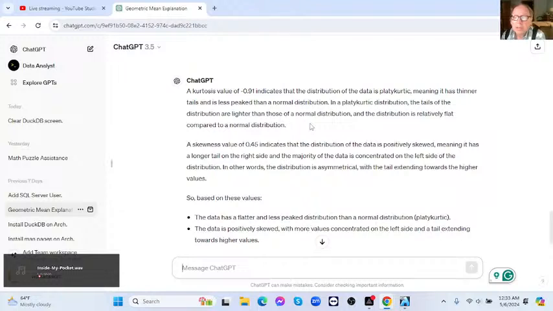The distribution of data is positively skewed, meaning it has a longer tail on the right side, and the majority of data is centered on the left side. Okay. So based on these values, the data has a flatter and less peaked distribution than a normal distribution. The data is positively skewed, which means more values are concentrated to the left side. The tail is extended towards the higher values. Okay.